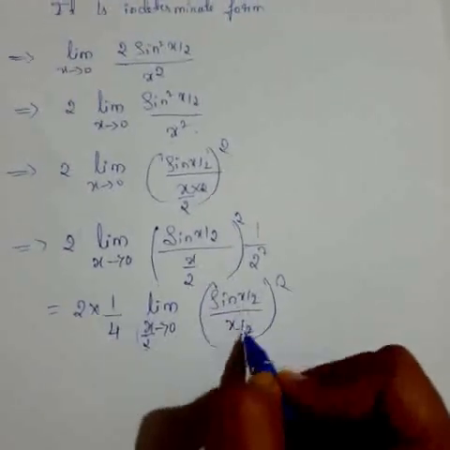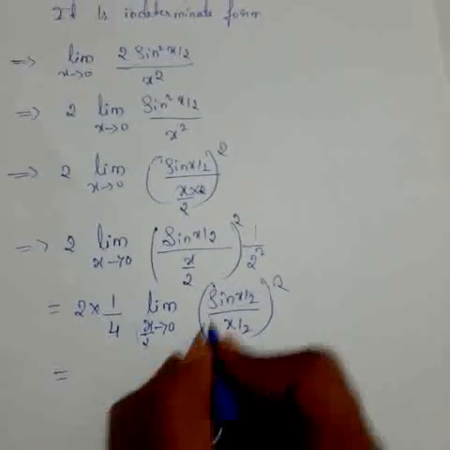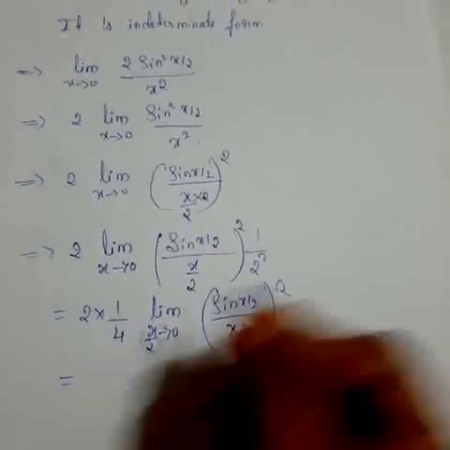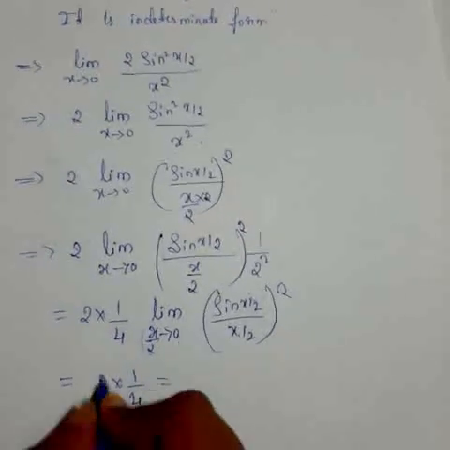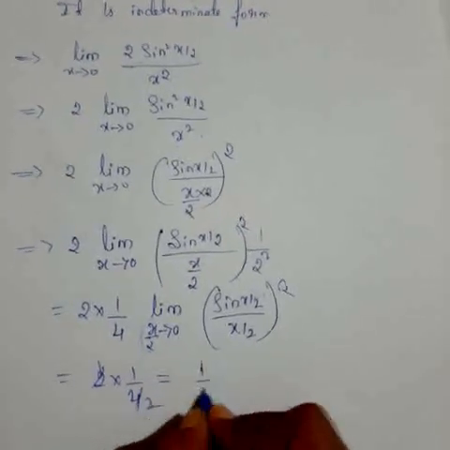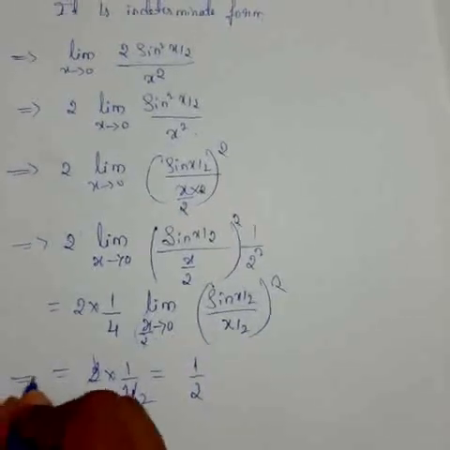Okay, remember this thing. Just try to convert these two to be the same; then whichever value there is, like this x by 2, automatically this value is tending to 0. Both are the same, so this value is 1, that means 1 square. Then the final answer is 2 by 4, which is 1 by 2. Isn't it easy?